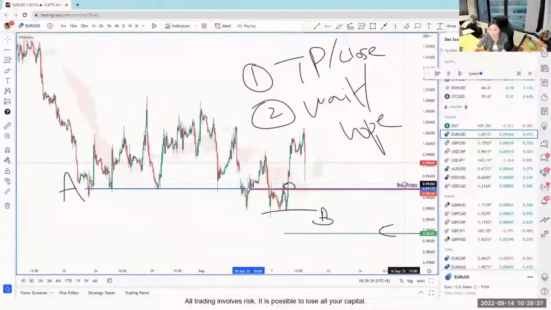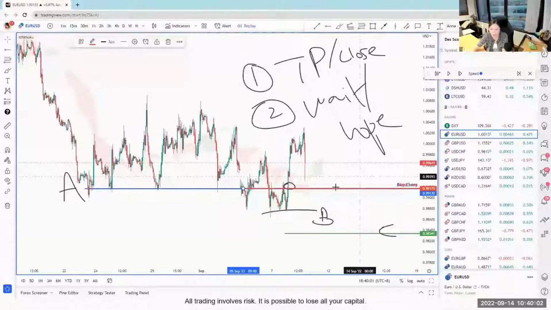From here, you move to here. You can move up slightly for those who still want to take that small 1 pip or 0.5 pip of profit, but usually we'll just put it at the entry level. So this is one way that you can manage your trade as well. Move your stop loss if you do not want to close the position, because you don't want to lose your idea.